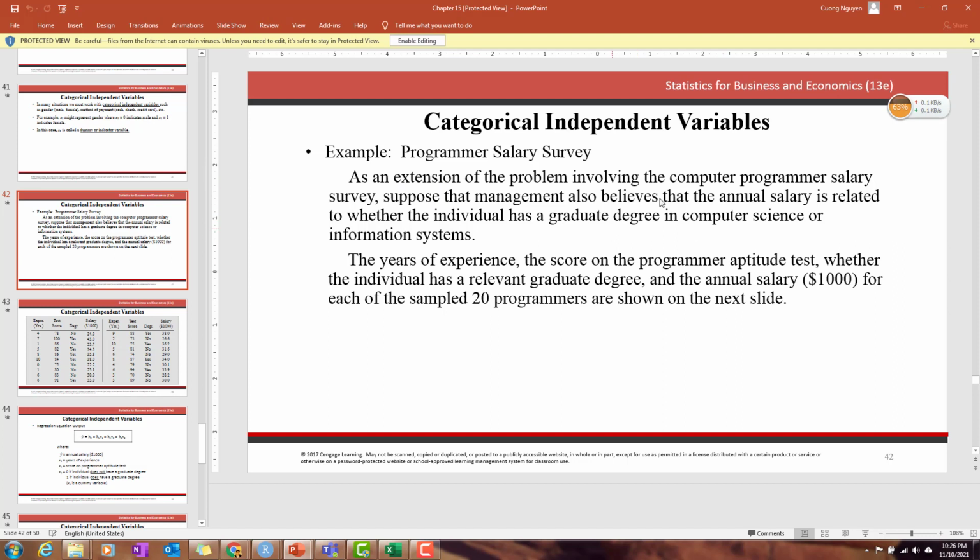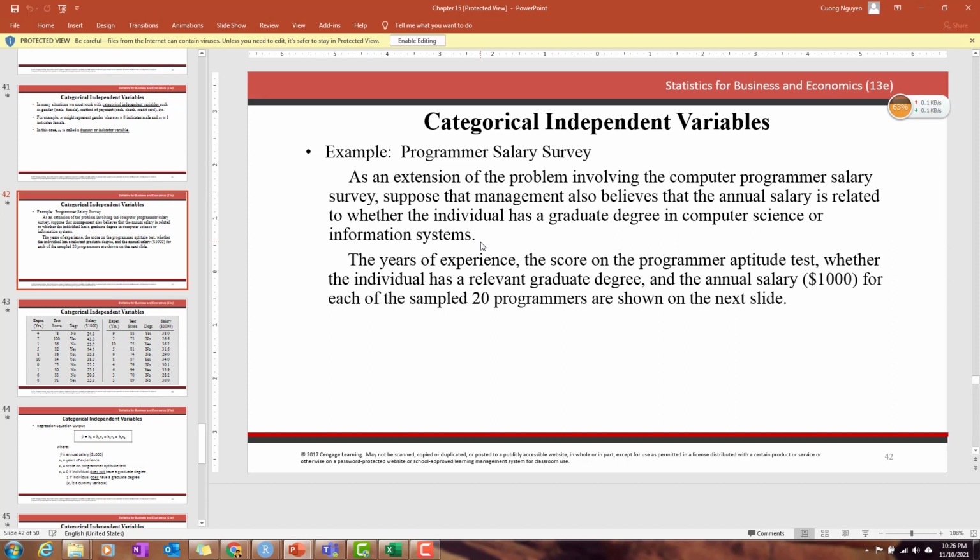With this previous example, we extend the problem involving computer programmers that we mentioned before. They also believe that annual salary is related to whether an individual has a graduate degree in computer science or information systems.